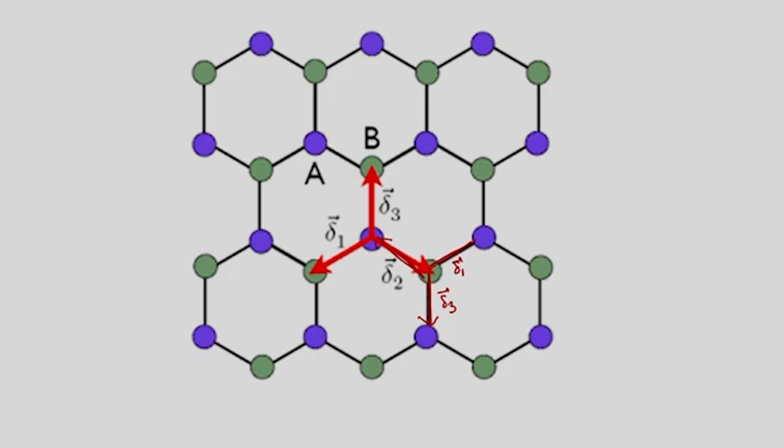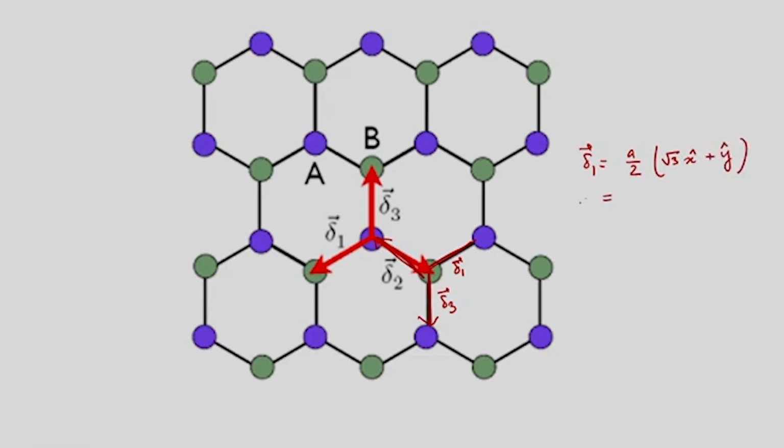I mean, you can take the delta 1, delta 2, delta 3 that is shown there, or you can adopt my notation. So, delta 1 equal to a by 2, where a is that value 1.42 angstrom or 0.142 nanometers, times root 3 x cap plus y cap. Okay.